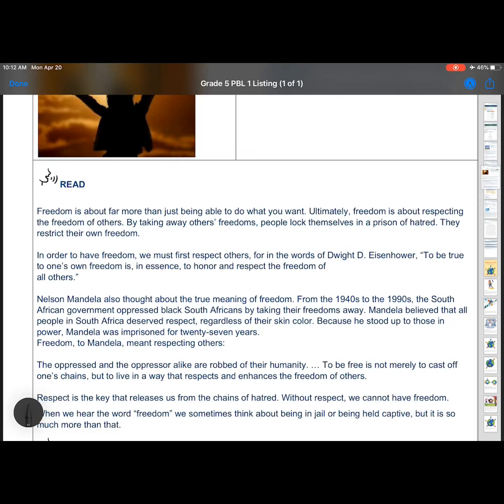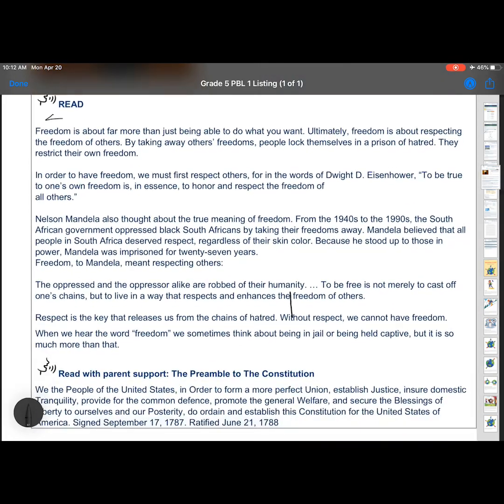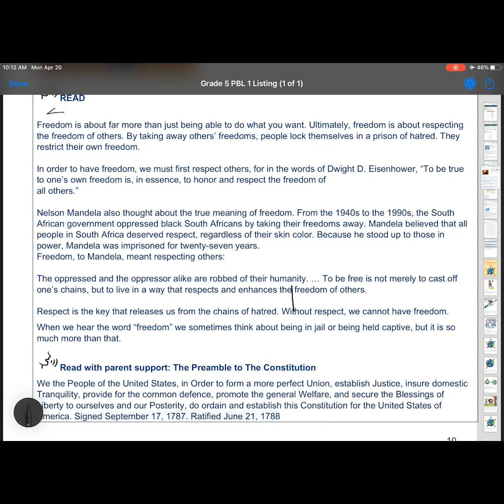Let me start reading over here. It says, freedom is about far more than just being able to do what you want. Ultimately, freedom is about respecting the freedom of others. By taking away others' freedoms, people lock themselves in a prison of hatred. They restrict their own freedom. In order to have freedom, we must first respect others.